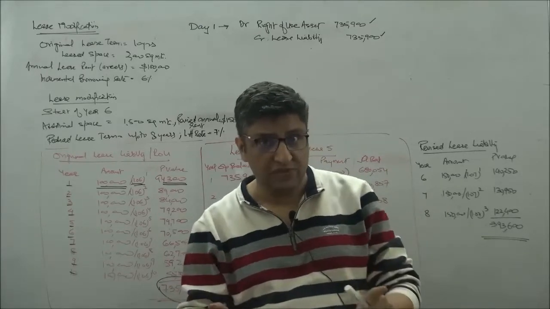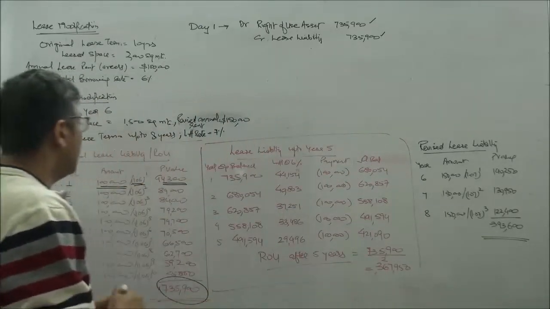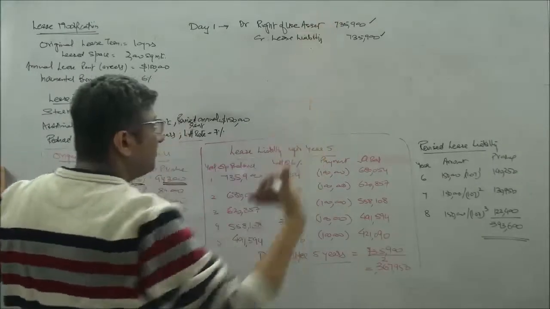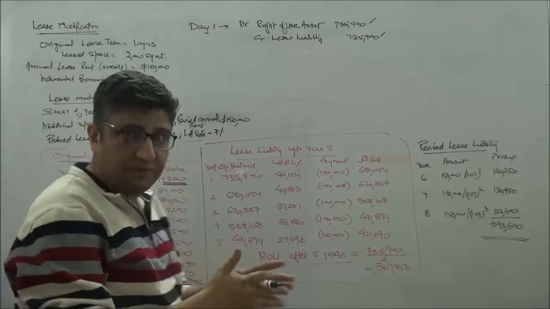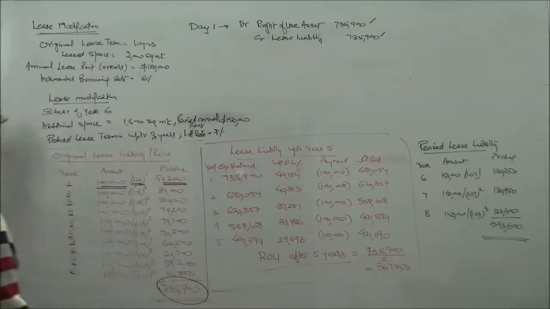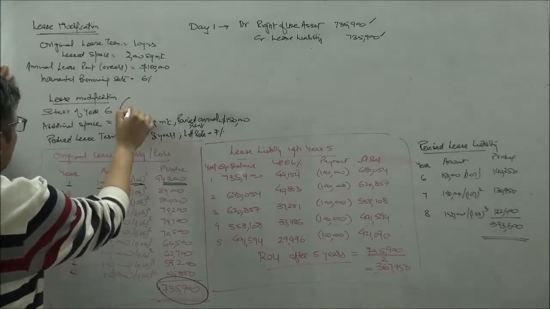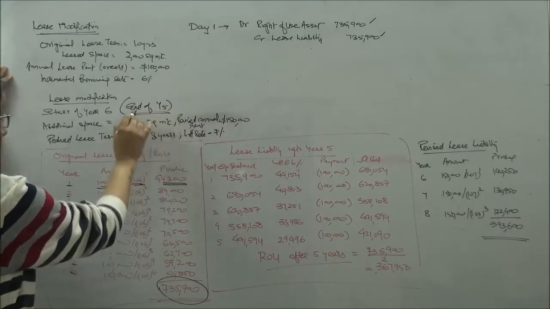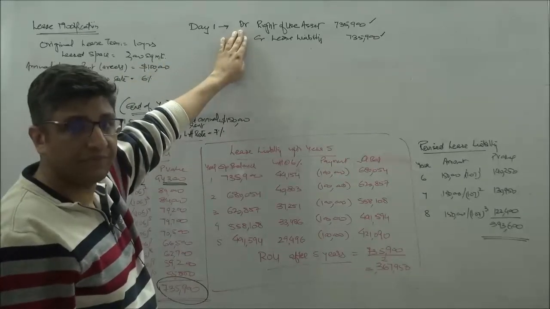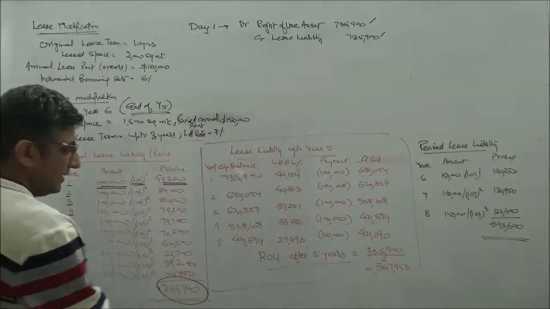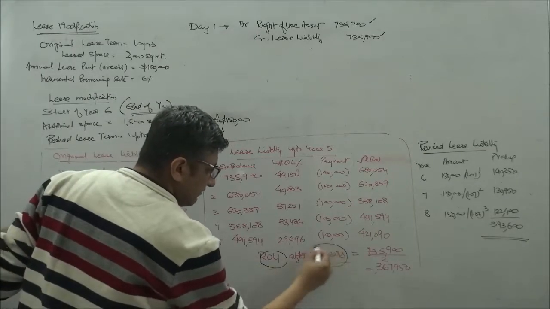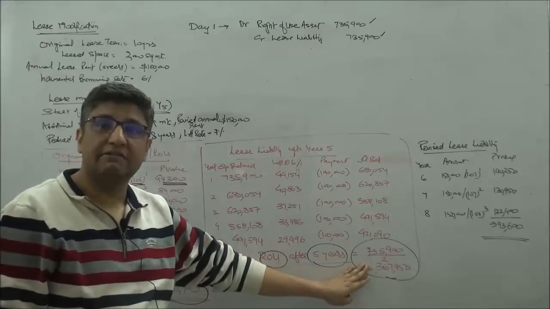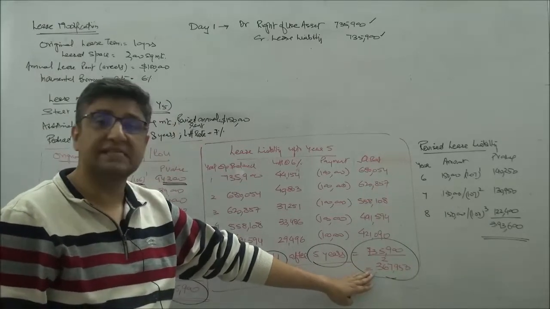Okay, now for right of use asset, it's fairly straightforward. All I'm saying is, if this is my original asset, and the life of the asset is 10 years, which means it's getting depreciated over 10 years, at the end of year 5, so start of the year 6 is also end of year 5, my asset would be only half of the value. Okay, and that is what is being calculated, that my right of use asset after 5 years would be 735,900 divided by 2, which is 367,950.